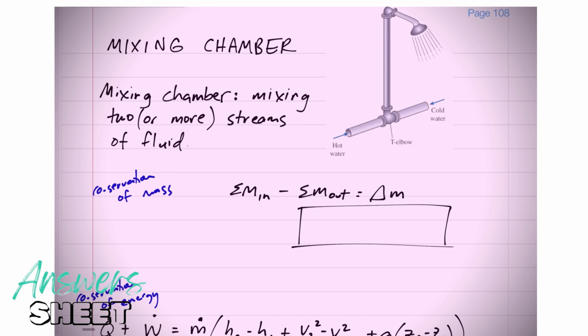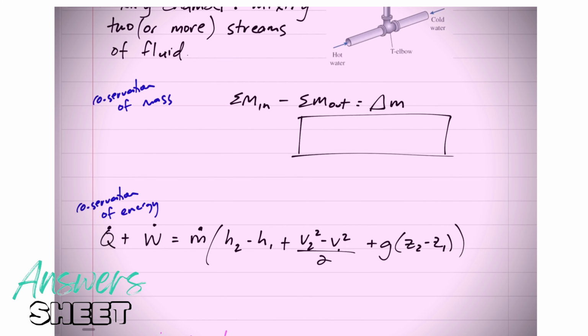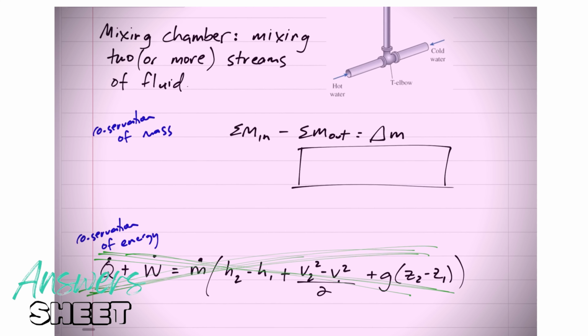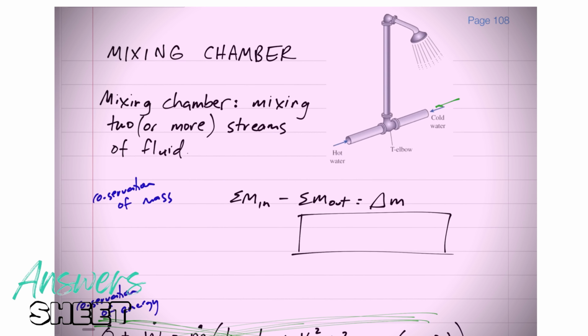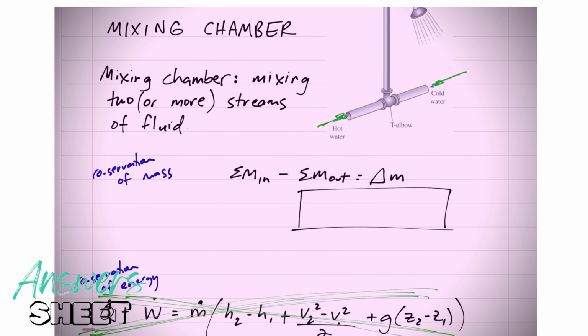Now with this one, we cannot start with this equation. Did you notice this equation? We had factored the m dot out, saying that m dot inlet was equal to the m dot outlet. But here we might have 2 separate inlets. So we're going to need our conservation of mass equation.